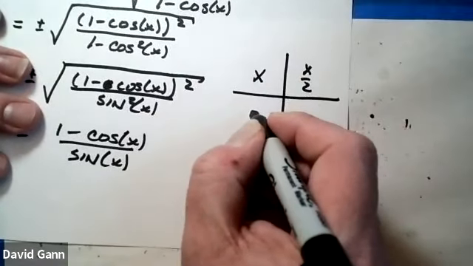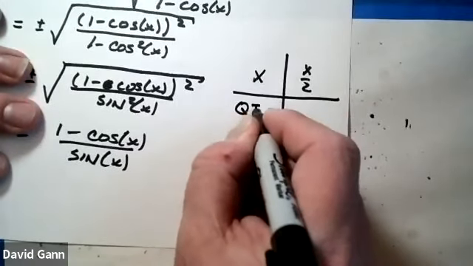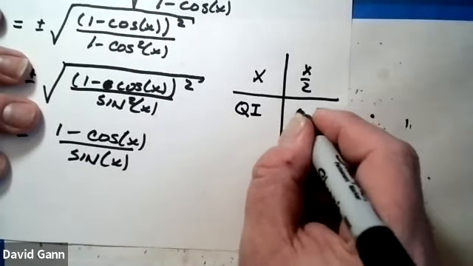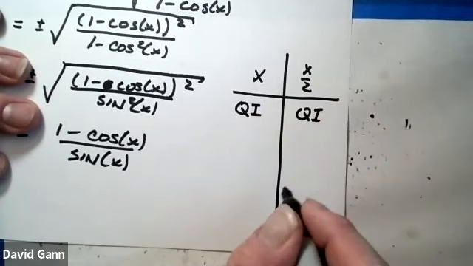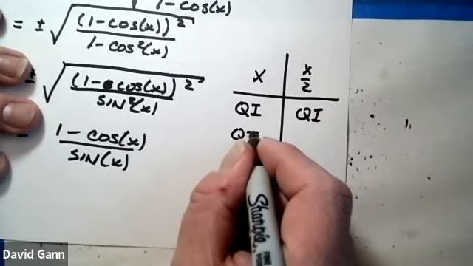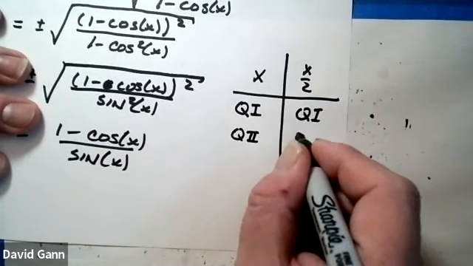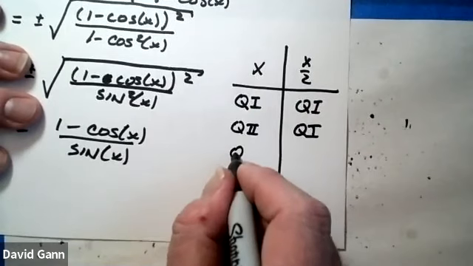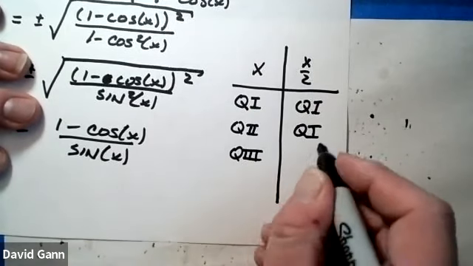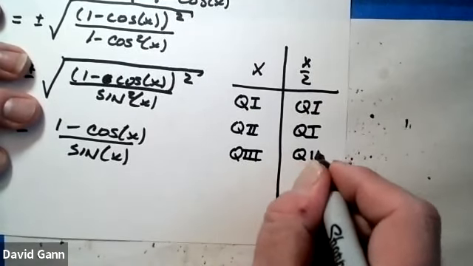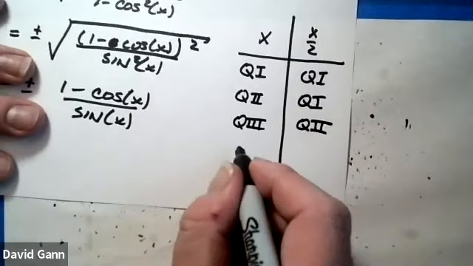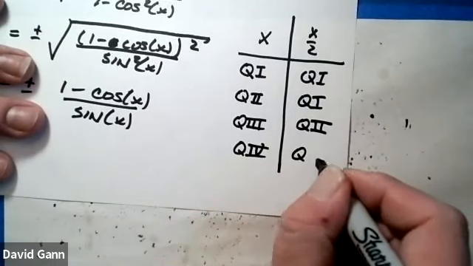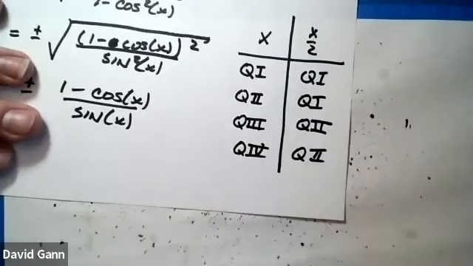If x is in Q1, then it should make sense that x over 2 is in Q1. If x is in Q2, then x over 2 is still in Q1. If x is in Q3, then x over 2 will now be in Q2. And finally, if x is in Q4, then x over 2 will still be in Q2, okay?